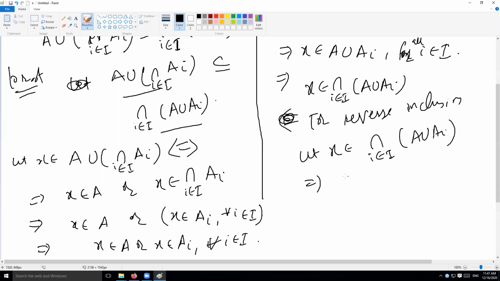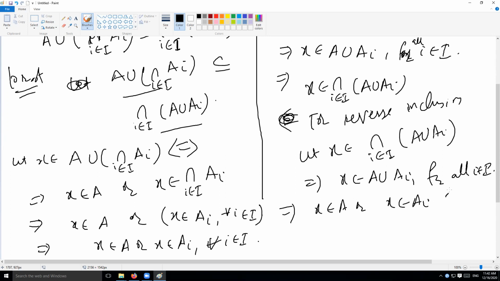If it is in the intersection, it must be in all A union A_i for all i in I. Okay? So this means that x is in A, or x is in A_i for all i in I. Okay?